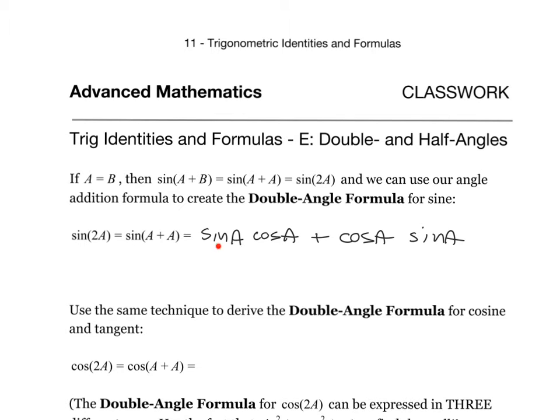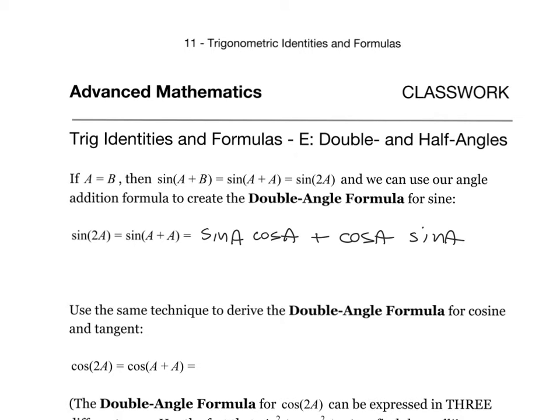Stop and think for a moment. This is sine of a times cosine of a. This is cosine of a times sine of a. These are the same thing. The order in which we're multiplying the sine and cosine is different, but in multiplication, the order in which you write the expression doesn't matter. So in fact, these are two of the same thing.